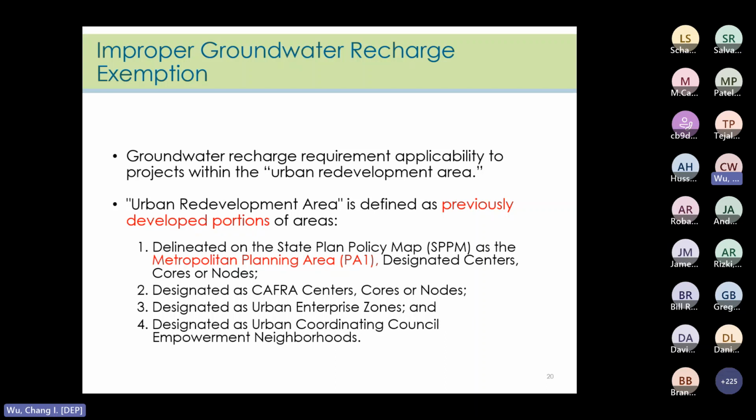The key is that the site must be previously developed and part of an urban redevelopment area. If the site is not previously developed, or if the site has been developed in the past, but the structure has been removed and vegetation has been reestablished, it's not considered previously developed.